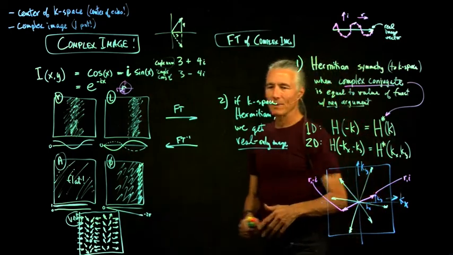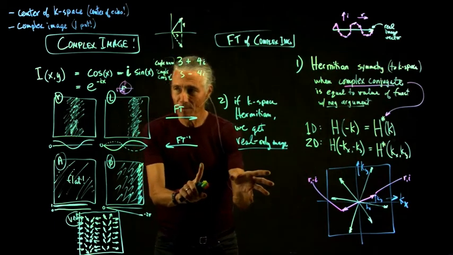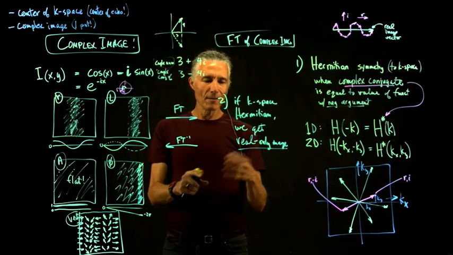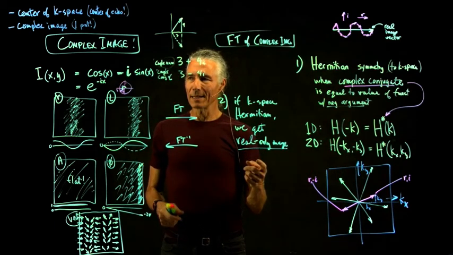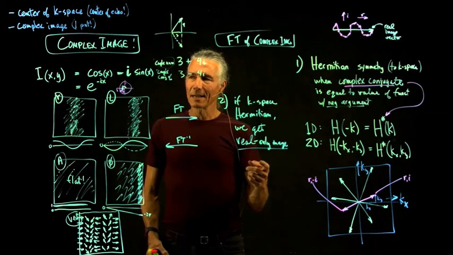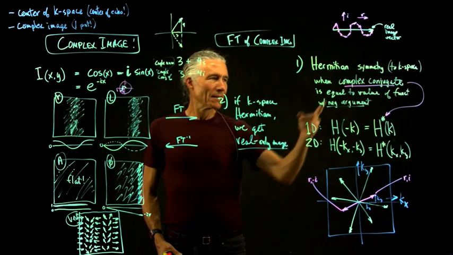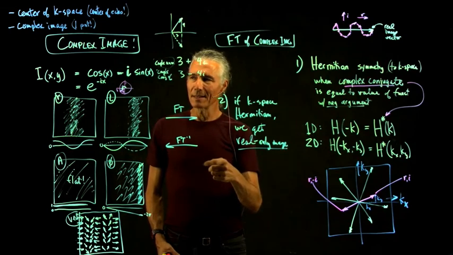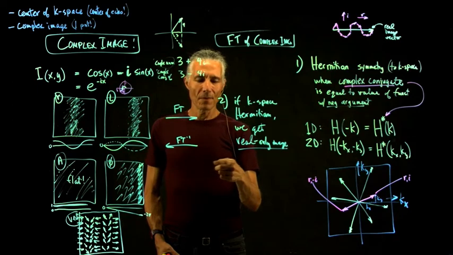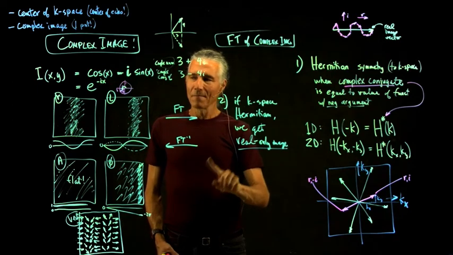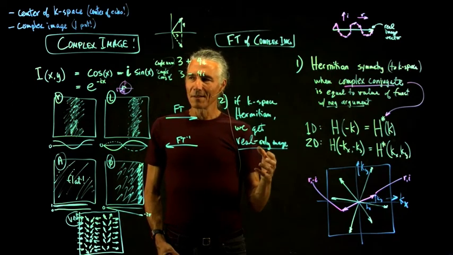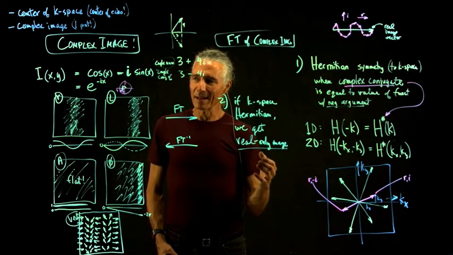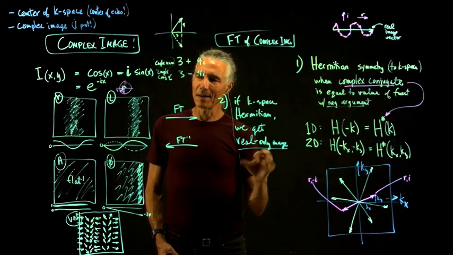We could see that in the one I just erased, where we had a Fourier transform that just had one point in it, and that one was not Hermitian symmetry, because when we went to the equivalent point in the negative part of k-space, there was a 0 there. And so that wasn't equal to the same number that we had on the other side with the imaginary part made negative.